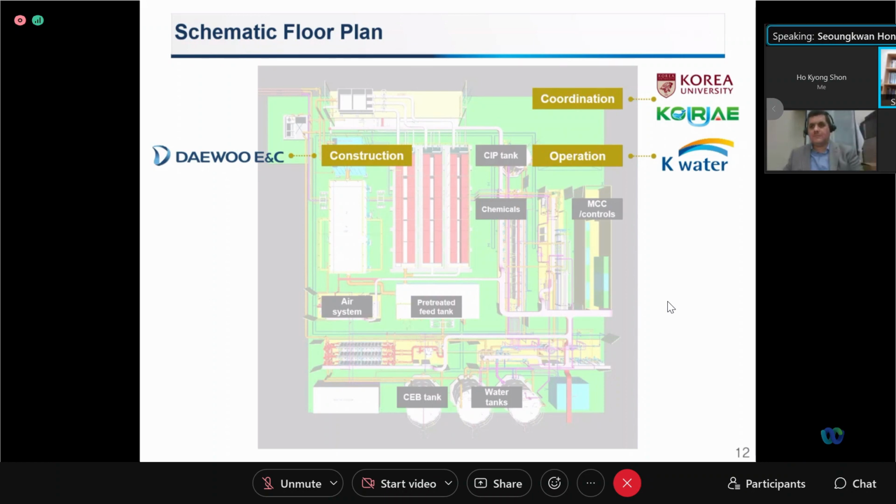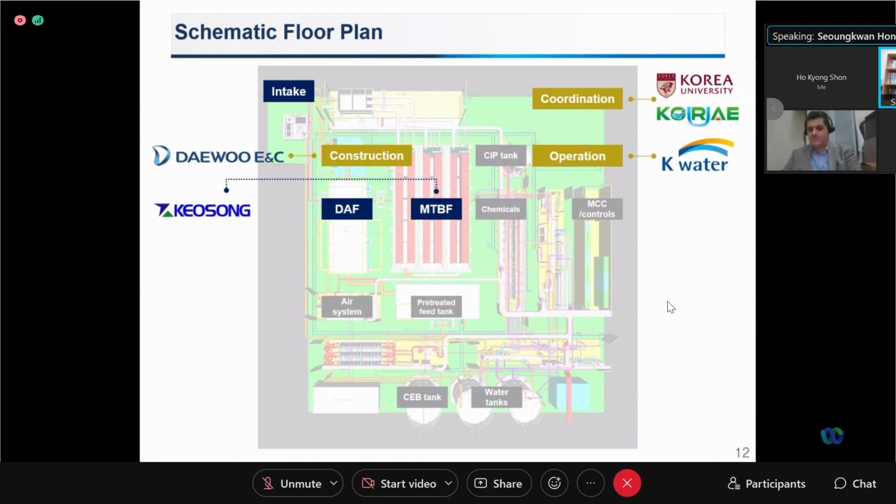Then Daewoo, which is the number three construction company in Korea, is in charge of construction of the pilot plant. And also Seawater, the number one water service company in Korea, is responsible for operation of this plant.